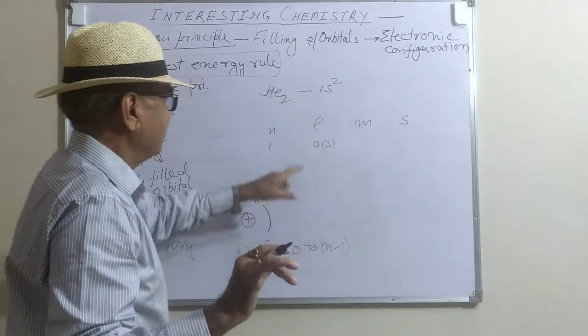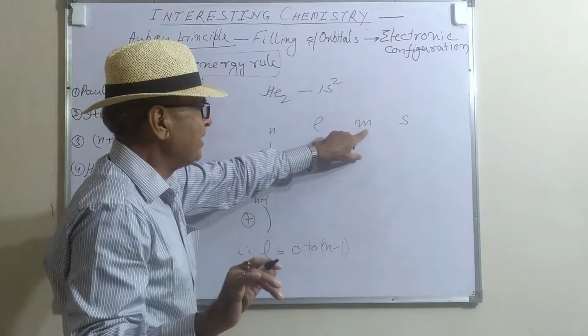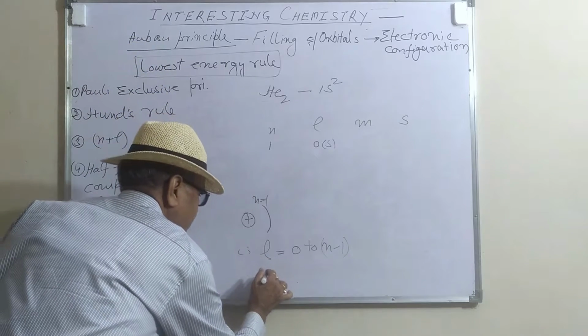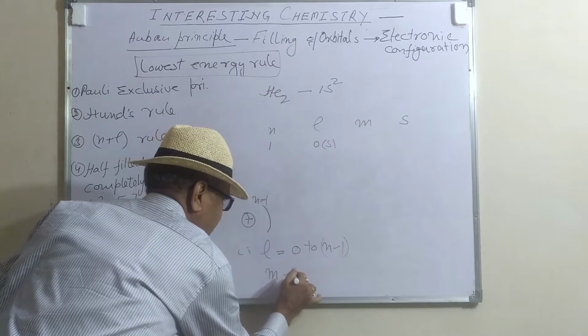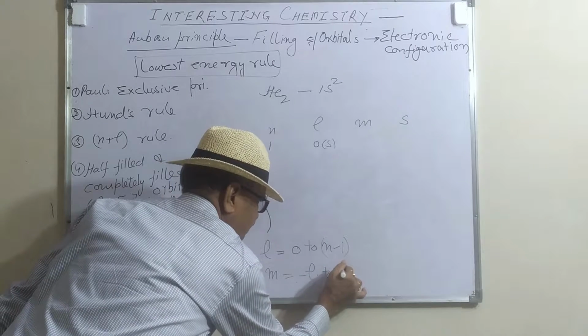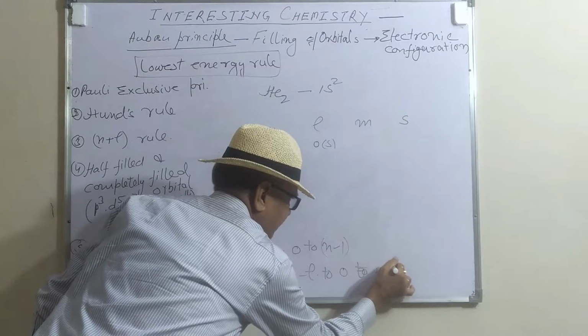And then find out the value of m. How will you find out the value of m? In my previous video I told you m is equal to minus l to 0 to plus l.